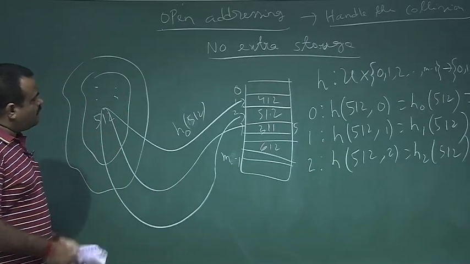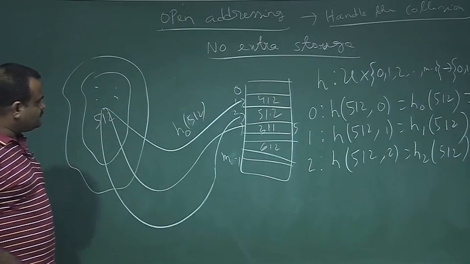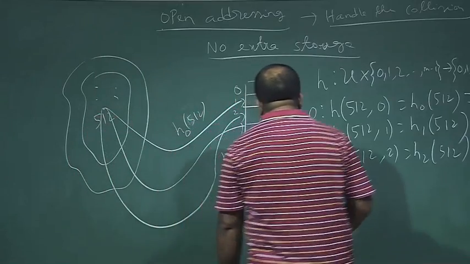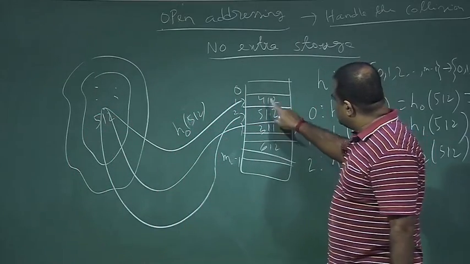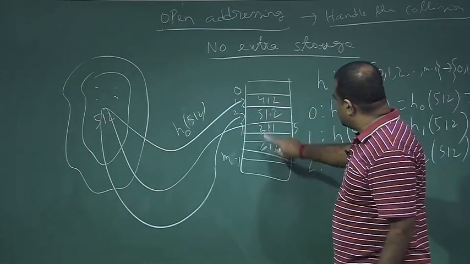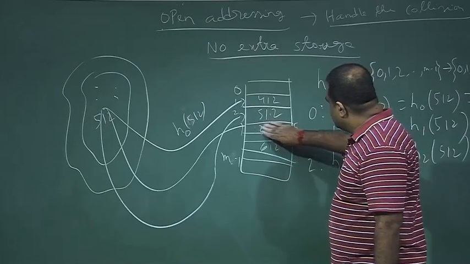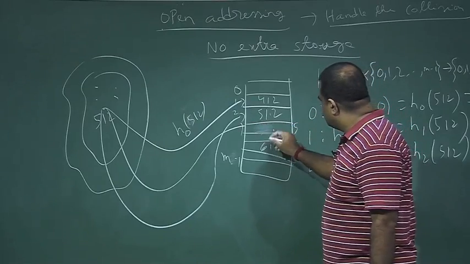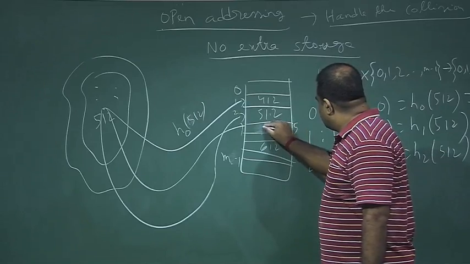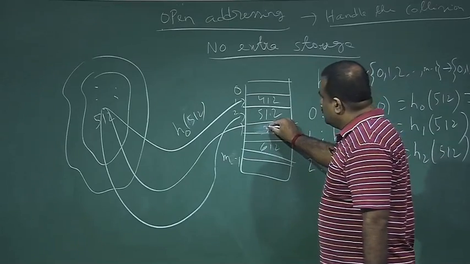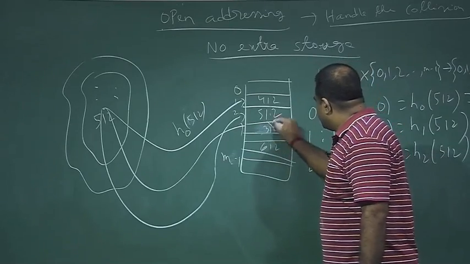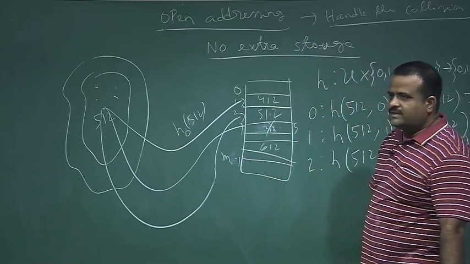Now, deletion is a problem with this. Suppose it is hitting first here, next it is hitting here. Suppose we deleted this key, 311 or something, and made this slot empty.